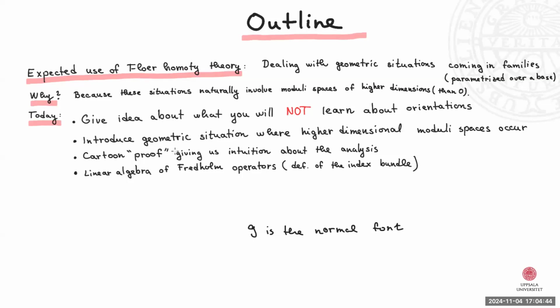Why should we care about Floer homotopy theory? Because those situations induce moduli spaces of solutions, and the moduli spaces of solutions have bigger dimension than 0. We geometers usually care just about 0 or one-dimensional moduli spaces, but in these situations that is not enough, and somehow moduli spaces of arbitrary dimensions come into play.